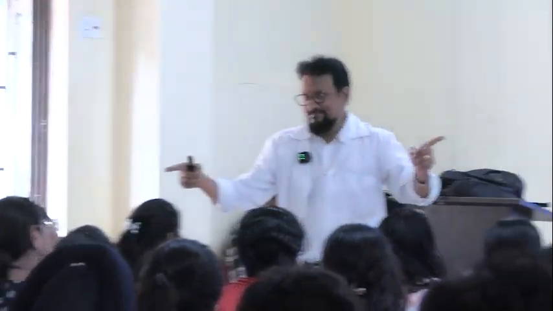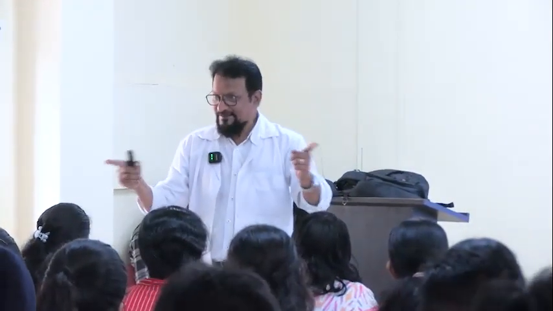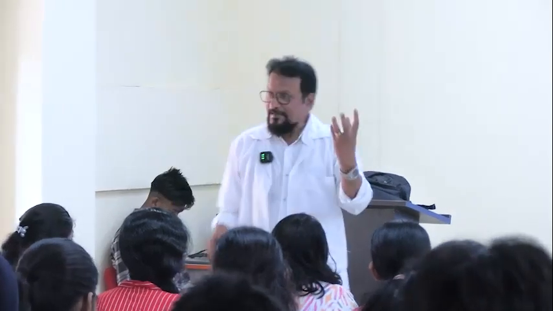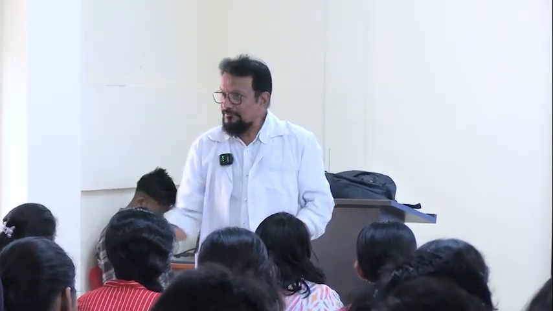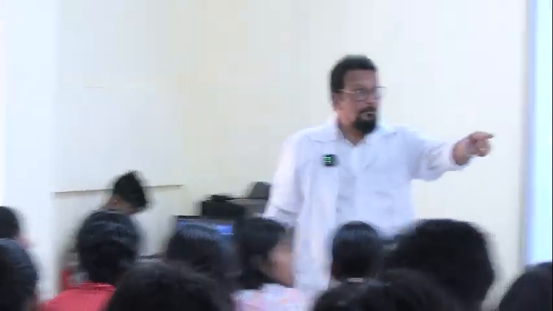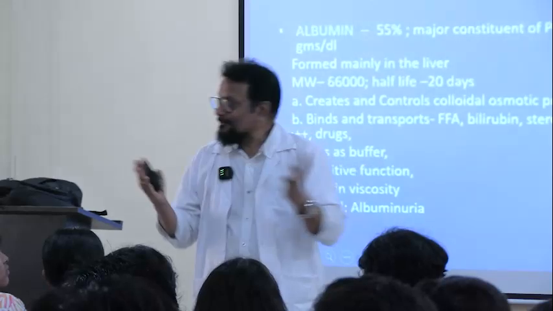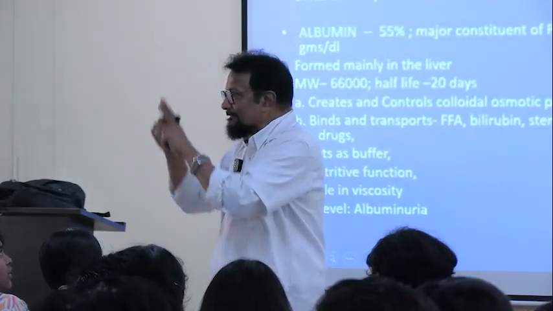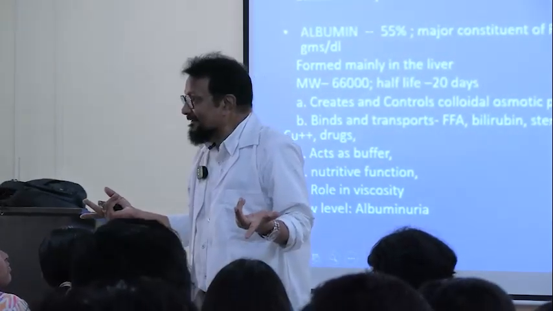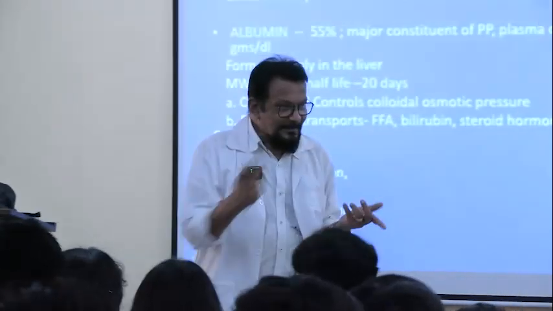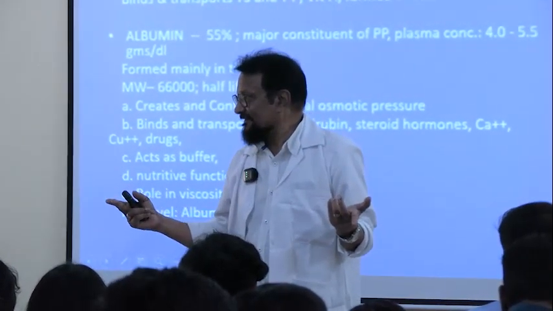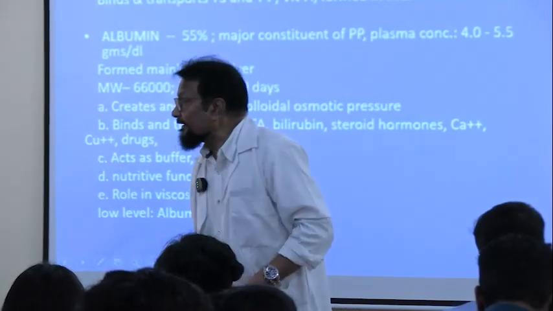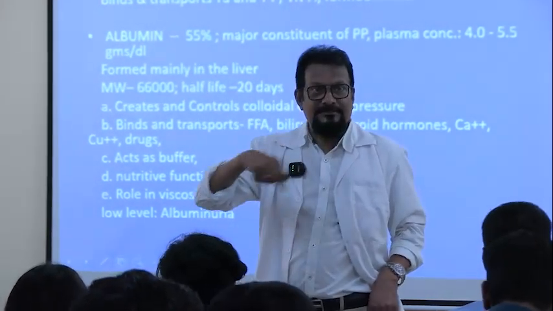With this capacity, the amino acids can neutralize. If you add hydrogen ion, it will accept. If there is any deficiency of hydrogen ion, it will release. So the pH will not be altered. This is how the plasma proteins show their buffering action. Understood? Is it clear to you?